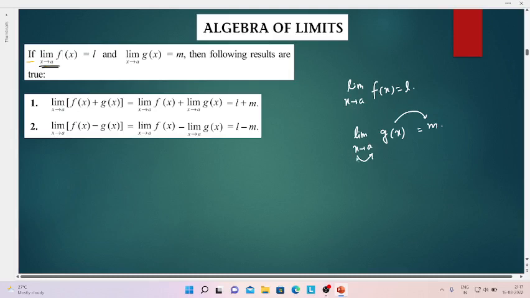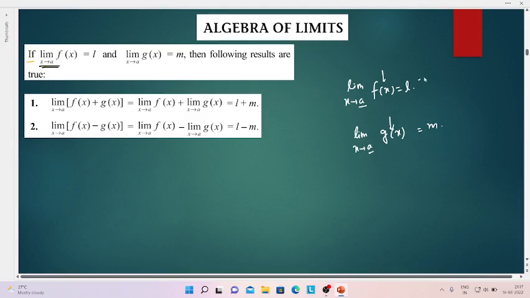So here you can say that the approachable value is the same, a, and the functions are different. One is f(x) and another is g(x), and the limiting values are L and m for the functions f and g respectively, right?